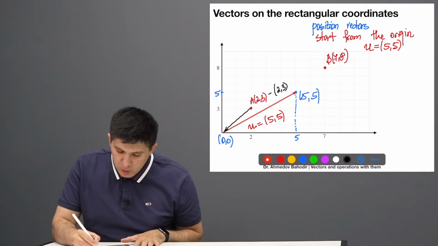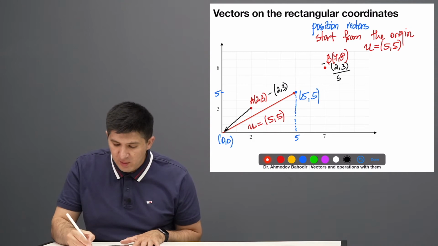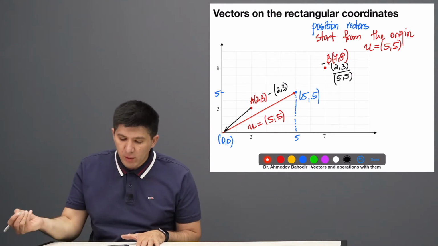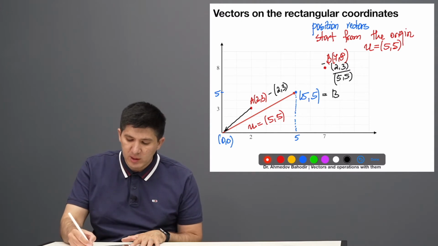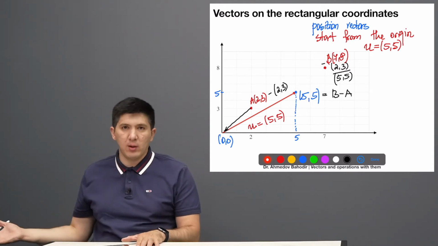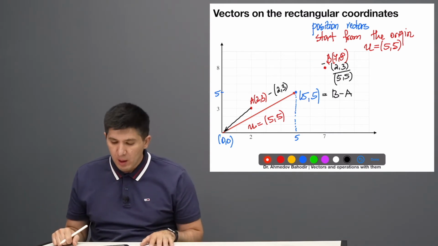I subtract 2 and 3 from the ending point as well, and component-wise you get 5 and 5. So essentially, to get this vector 5 and 5, you just need to subtract the starting point from the ending point.